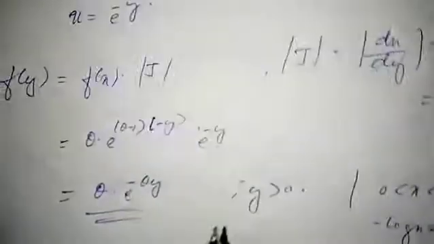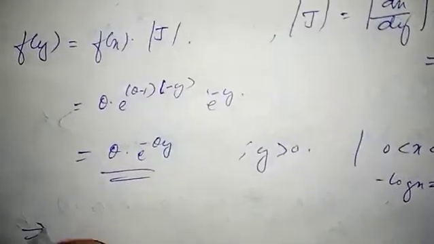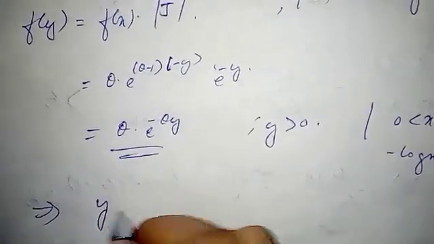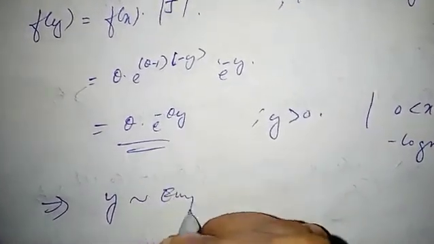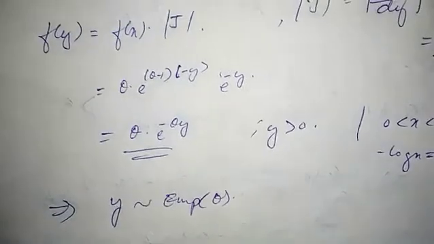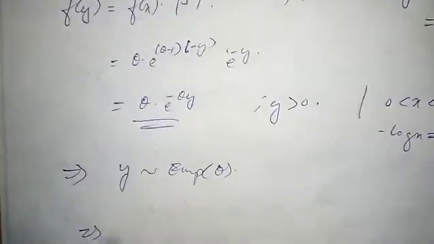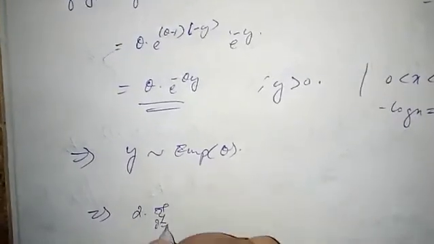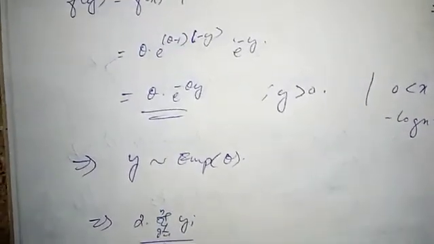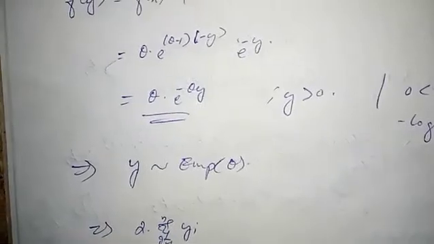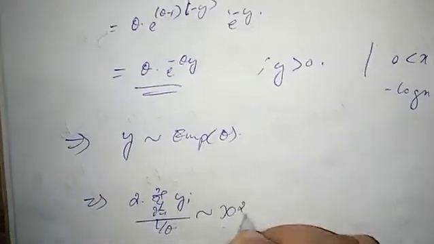Then which distribution is this? Exponential. Which implies y follows exponential with parameter theta. Which implies 2 into summation i equal to 1 to n of yi divided by 1 by theta follows chi-square with 2n degrees of freedom.